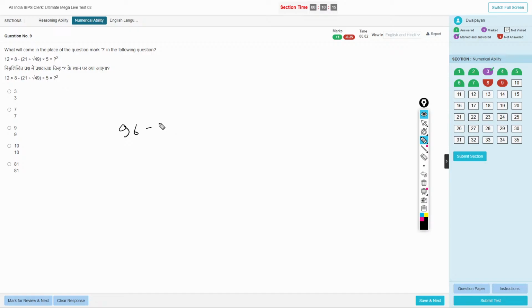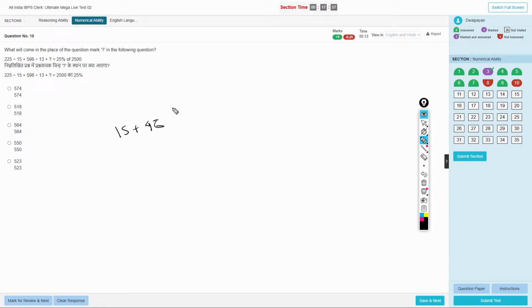96 minus 21 by 7 is 3 into 5, 15. So 1581, which square? 19 nines. This is 15 plus 13, so 4, and then 6, 8. That's 7, 8, right? So 7, 8 is 6, 4, 6 minus 6 to 5. Equal to minus x.